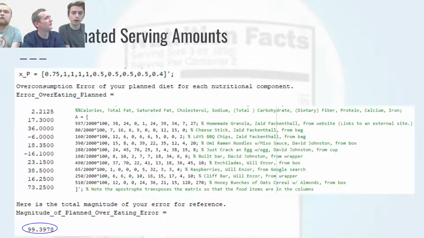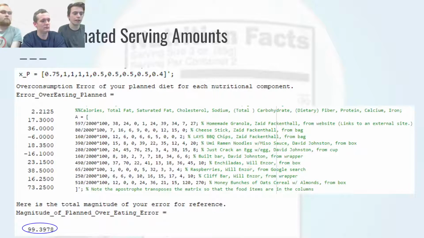So now for our final estimated serving sizes, we did what Will said. And you can see we ended up with, for our estimated, 3/4 servings of granola, a half of a couple of our later foods, and then exactly 0.4 honey bunches of oats. And with this, we were able to keep our magnitude of planned overeating error under 100 with minimum negative values.